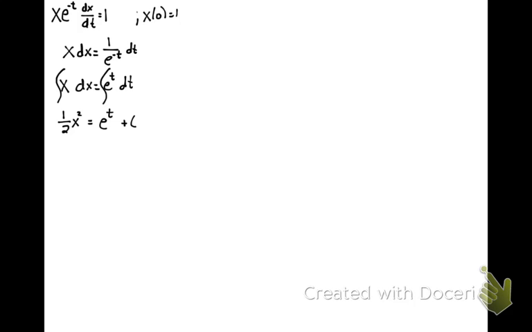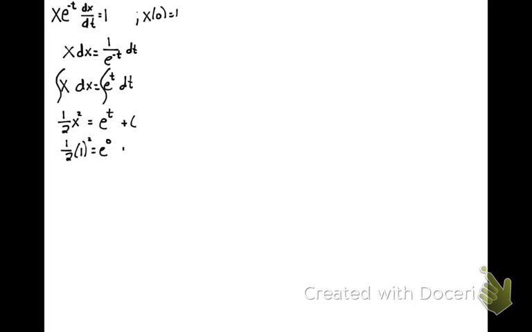I'm of the opinion that right now is the time to solve for c. So what I know is that when t, because that's my input, has the value of 0, x has the value of 1.